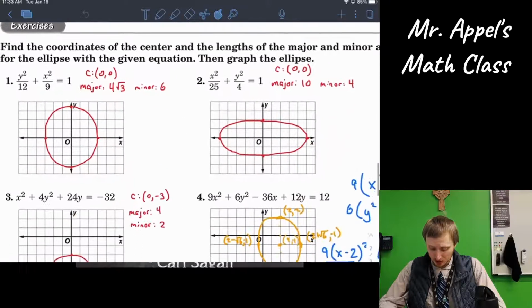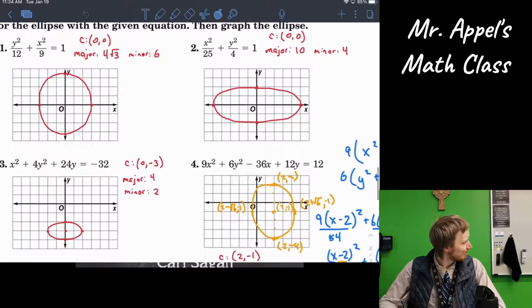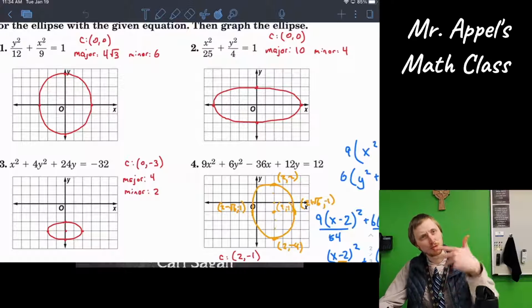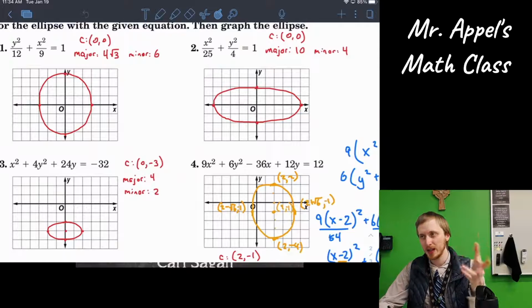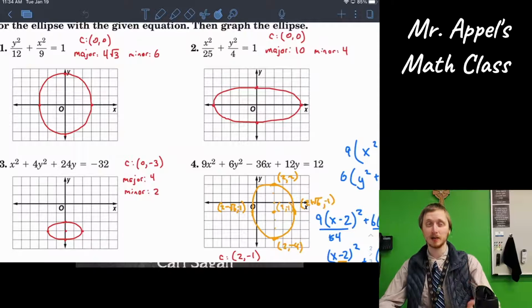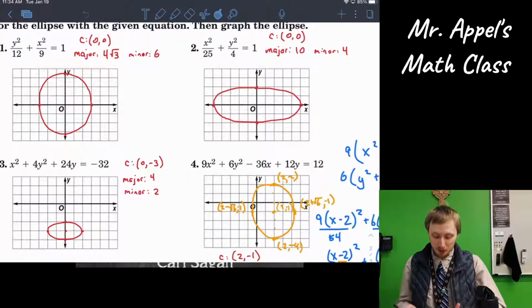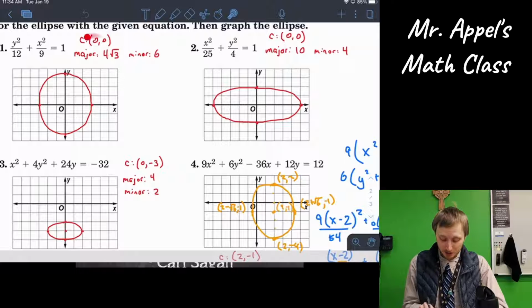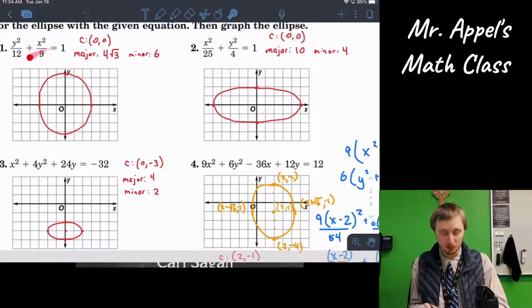And again, being able to create the quick sketch by hand is important. Even though you have the graphing calculator, you should be able to identify these parts from the equation, be able to find the center and the lengths of the axes. You got to be able to figure that out from the equation.